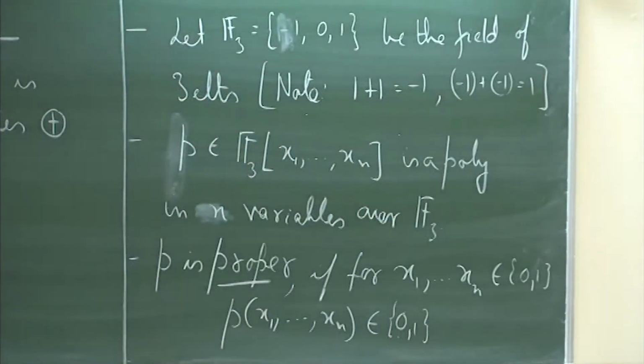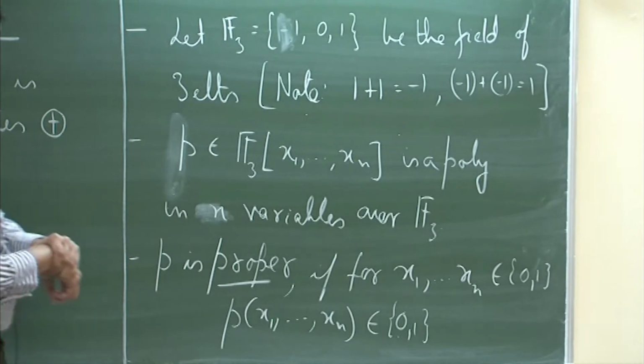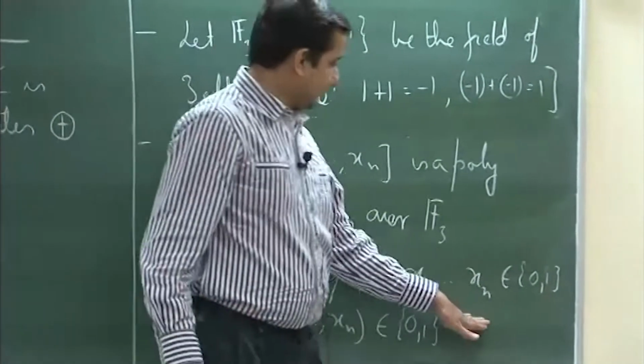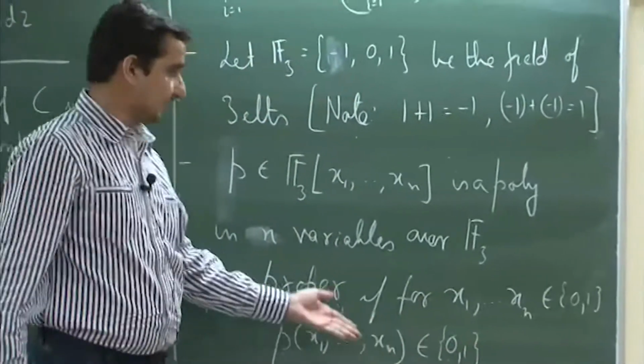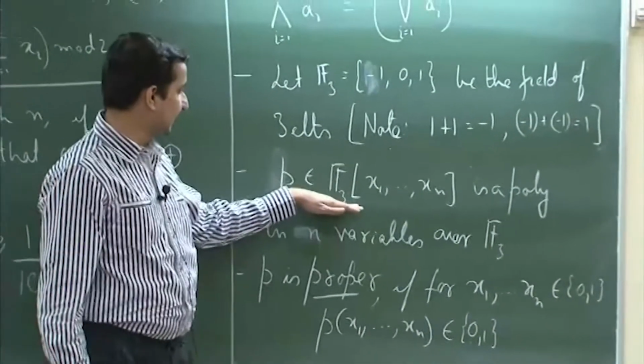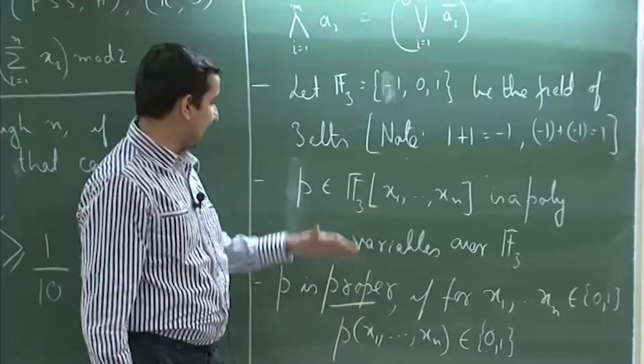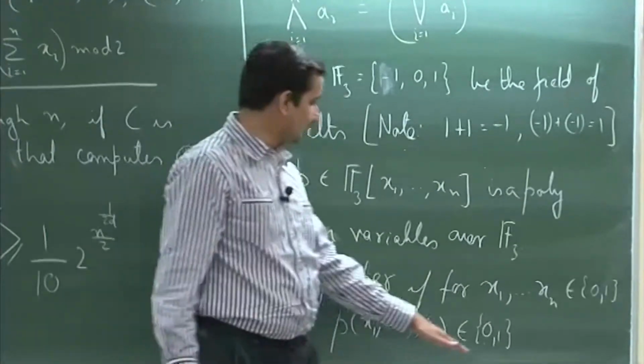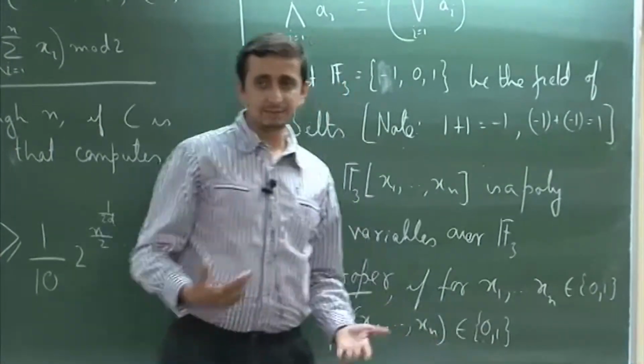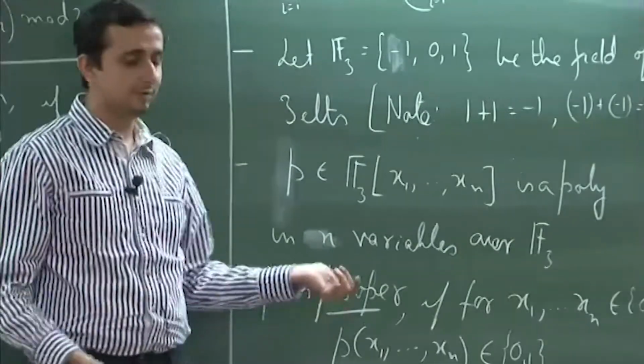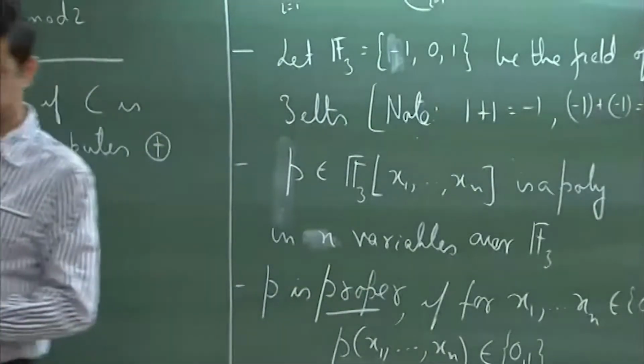Suppose we restrict the variables to take values only from 0, 1. Since we are working in this field F3, there is no guarantee that the value of the polynomial will also lie in 0, 1, but if that happens, then we will call such a polynomial a proper polynomial.